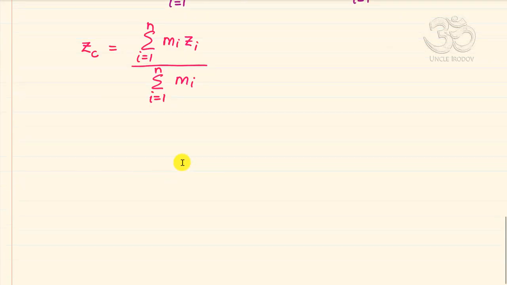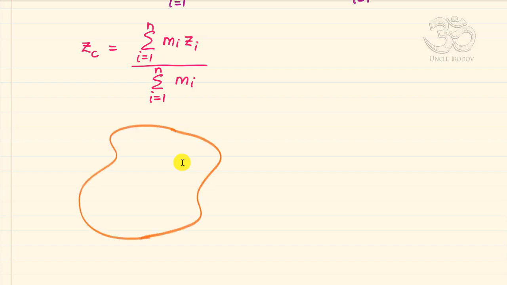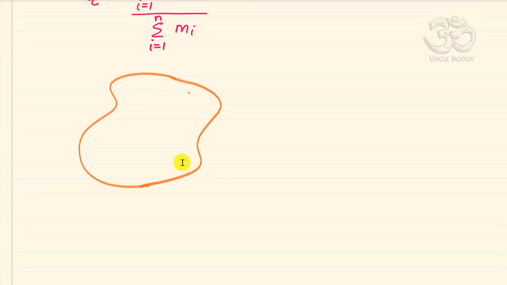I can take up a continuous mass and I can break up this continuous mass into small pieces. There will be those small pieces which each have some mass of delta mi, where that mass in fact turns out to be very close to zero, because I'm going to chop it up into small pieces.